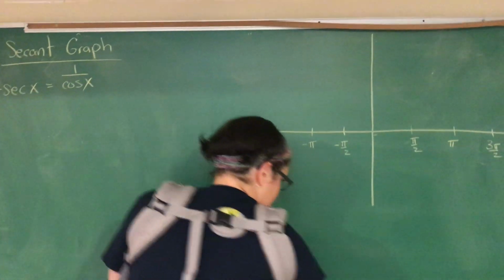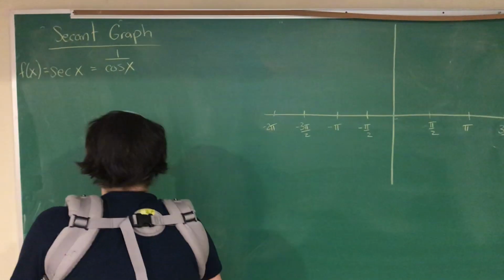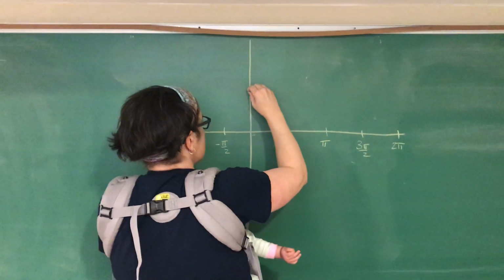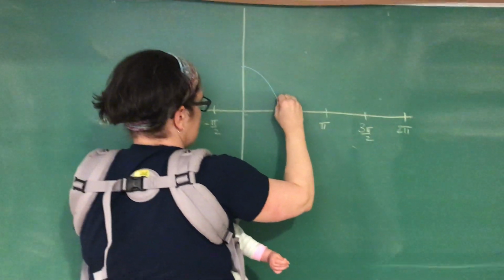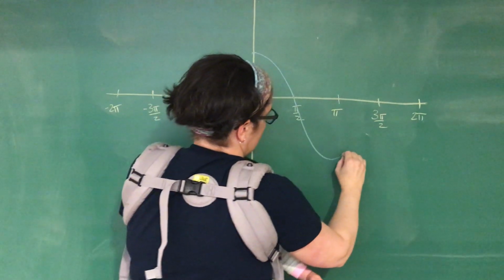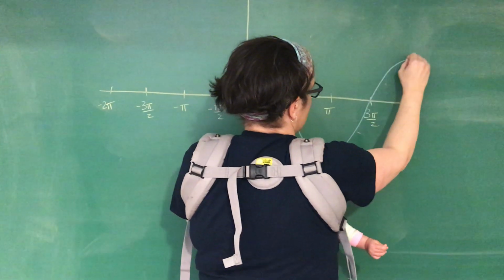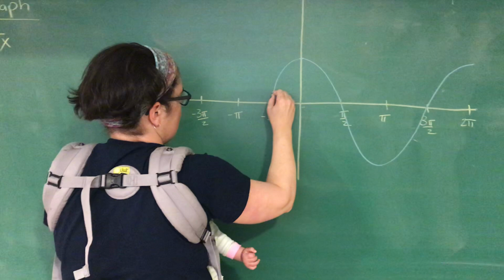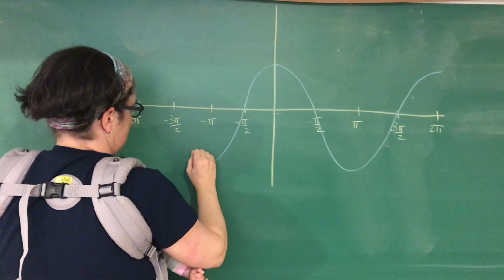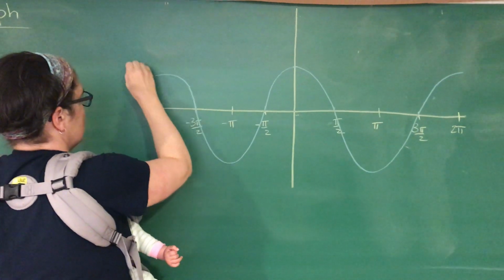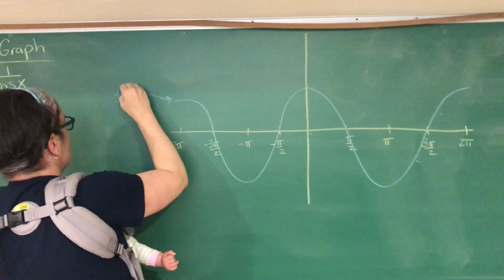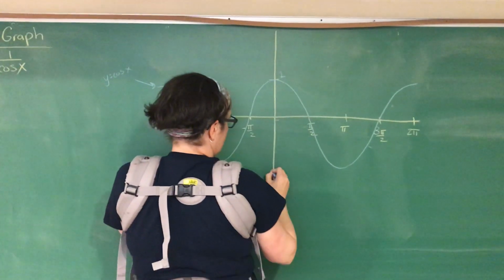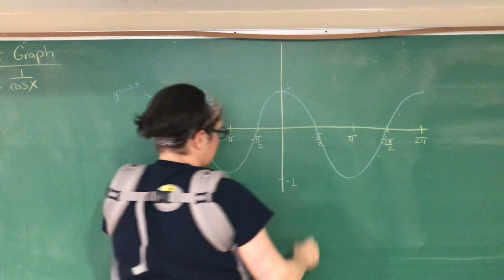But now, instead of talking about the sine function, we want to look at the cosine function. So I'm going to sketch the cosine function. Here it is. Here's one period of the cosine function. Here's a second period of the cosine function. We have a height of 1 and a lower value of -1.